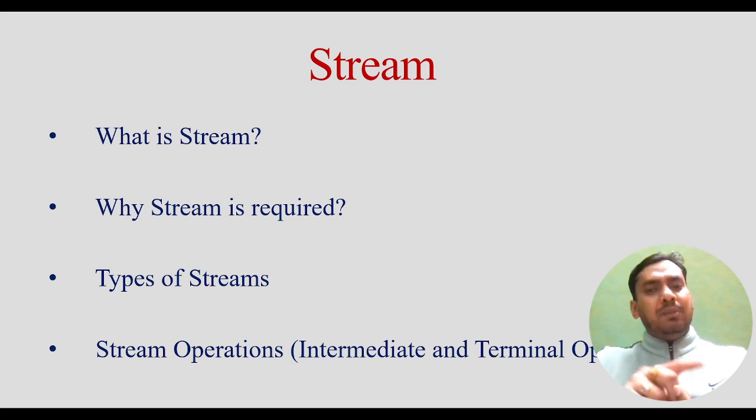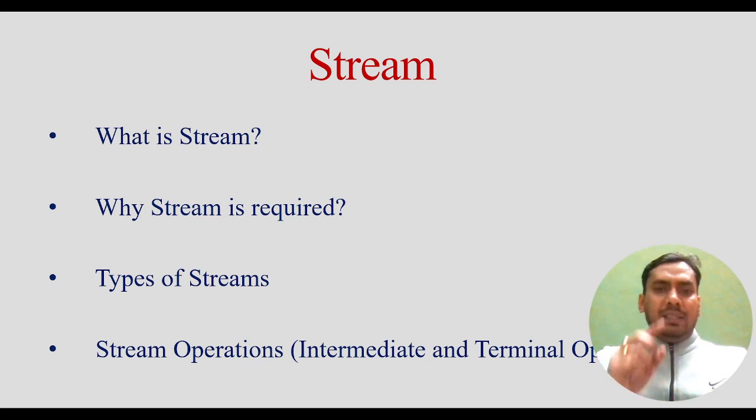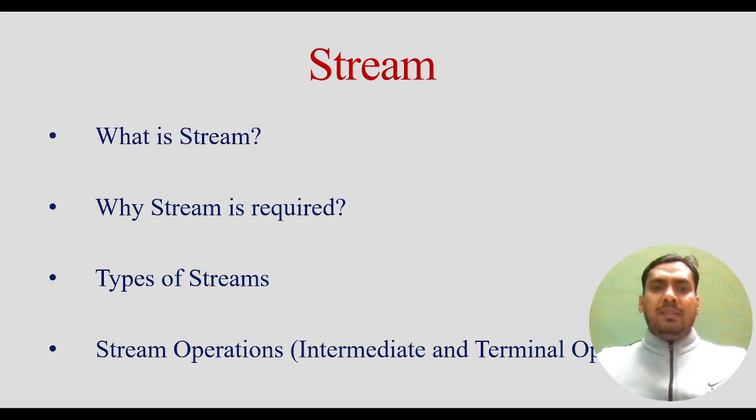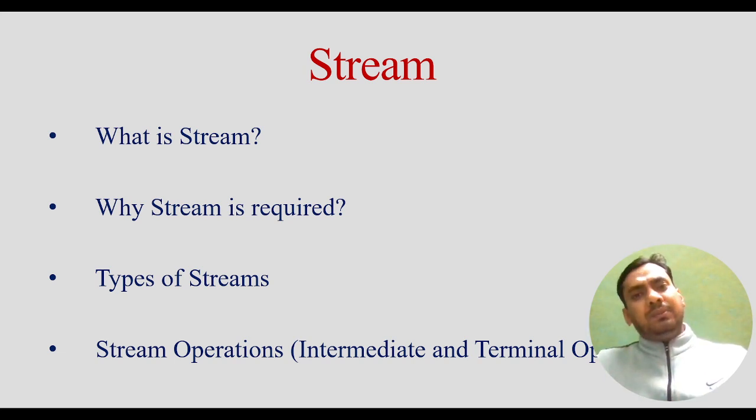It doesn't mean the object cannot be changed; it simply says that if you try to change it, a new object will be created. Same thing happens with streams also. Streams are immutable, meaning if you try to apply some processing on the stream, the current stream will be consumed or terminated and some new stream may be produced.